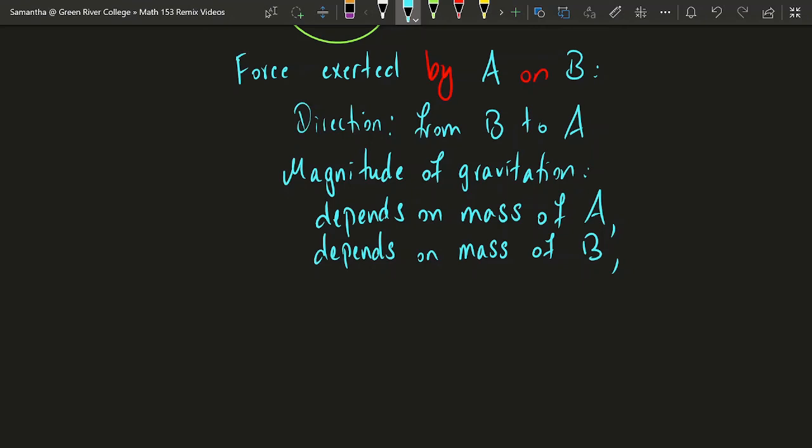So the magnitude of gravitational force depends both on the object that is exerting the force and on the object that is being acted upon. And it also depends on the distance between them.